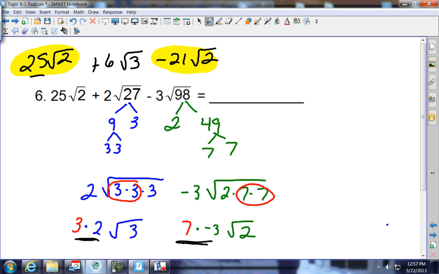Okay. 25 minus 21 is 4 square root of 2. And then, right, you can't put together your square root of 3, right? It's like when you go to eat and your food can't touch. You have to keep them separate. Y'all know, oh, please, y'all know people do that. Not me, my children do.